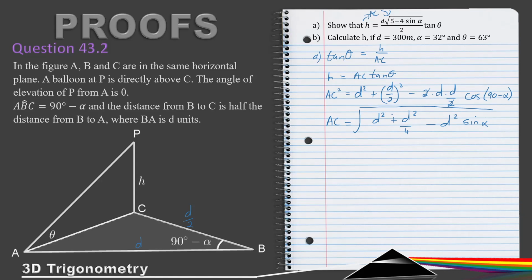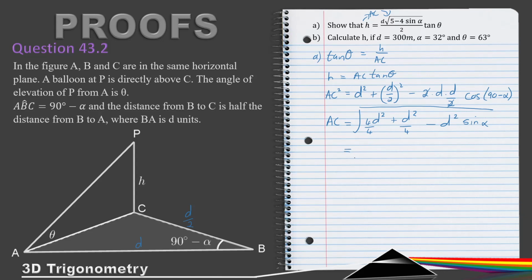Now these two are like terms because it's D squared, and we can change this one to become 4 over 4. Because if we want to add fractions, we want the denominators to be the same. So when you add fractions, it's 4 plus 1. You just add the numerators and the denominators remain the same.